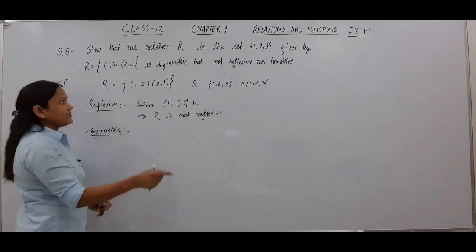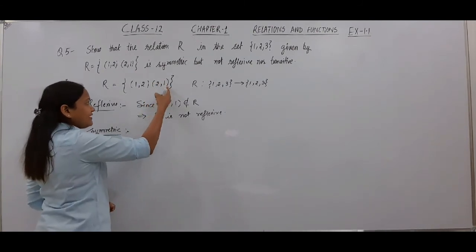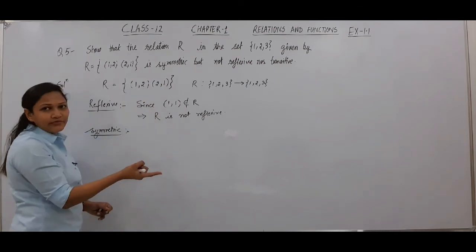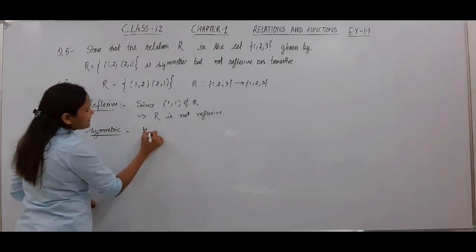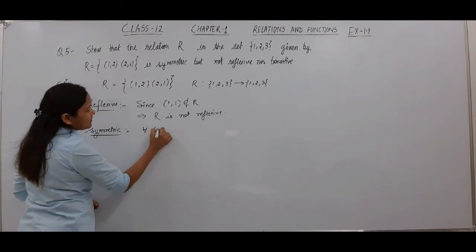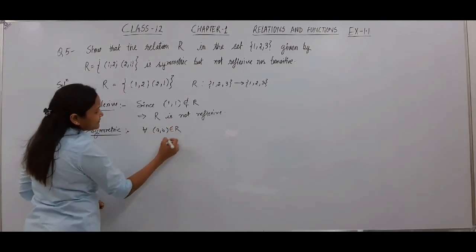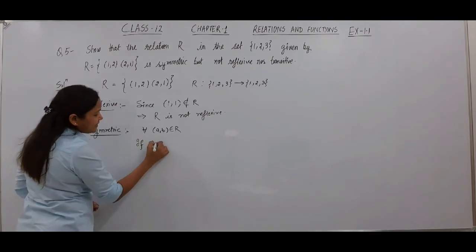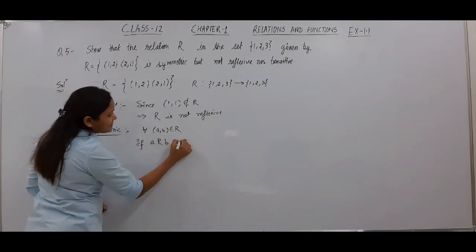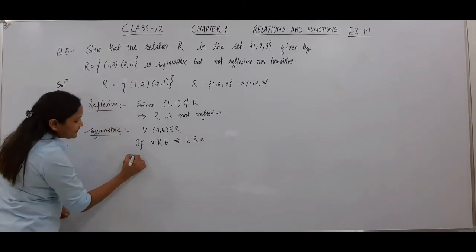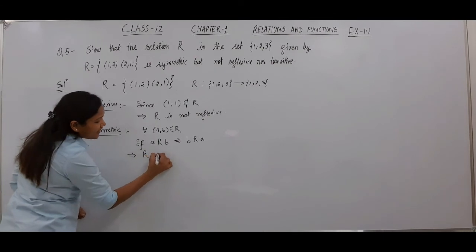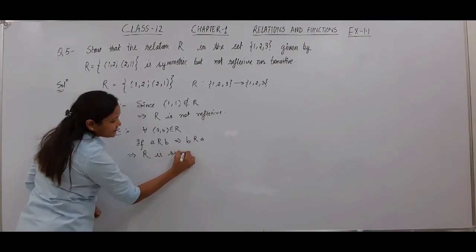Second element को अगर आप चेक करोगे, 2 is related to 1 and in turn 1 is also related to 2. So for all A, B belongs to R, if A is related to B, that implies that B is also related to A. That implies your relation R is symmetric.